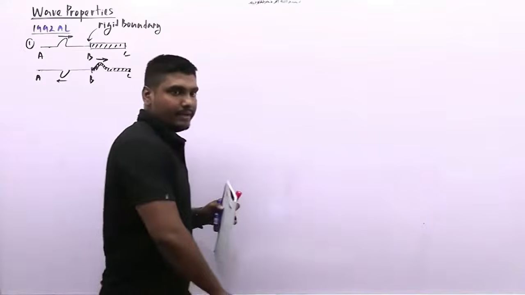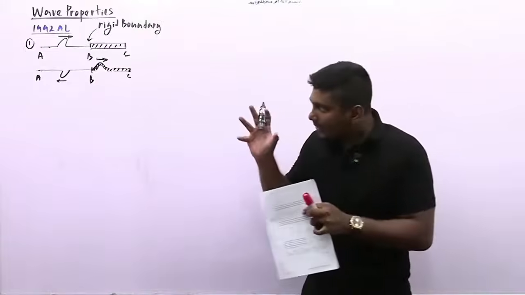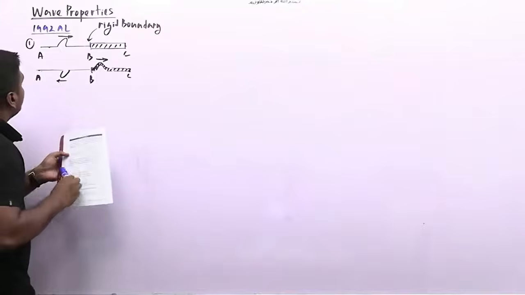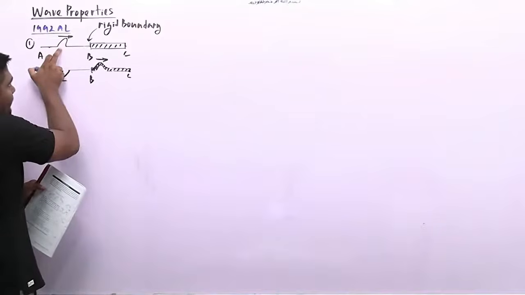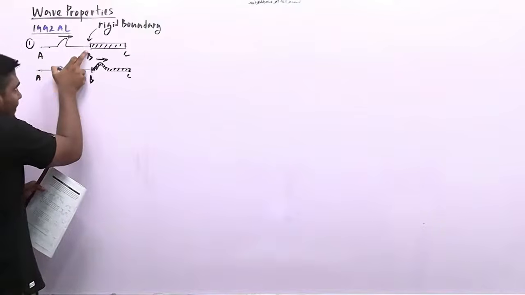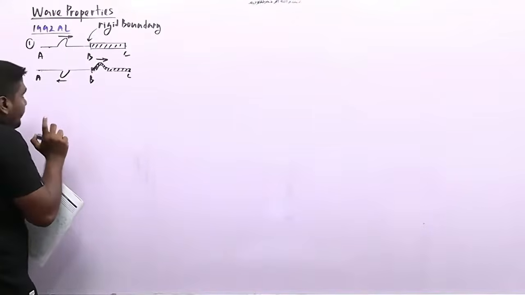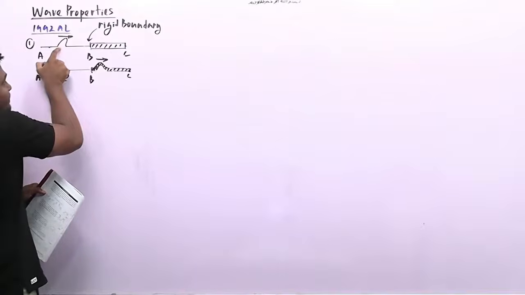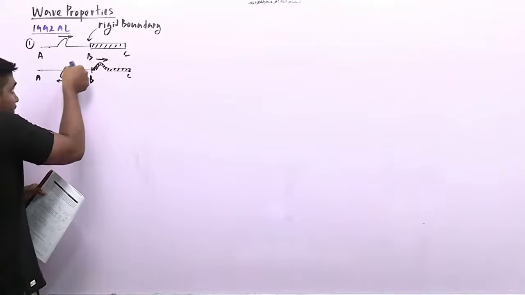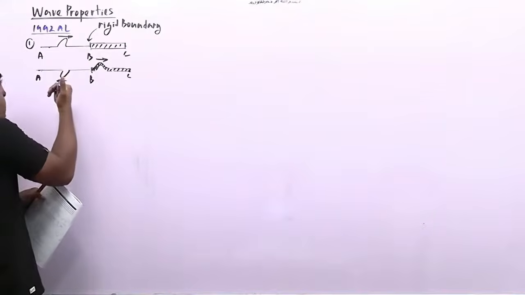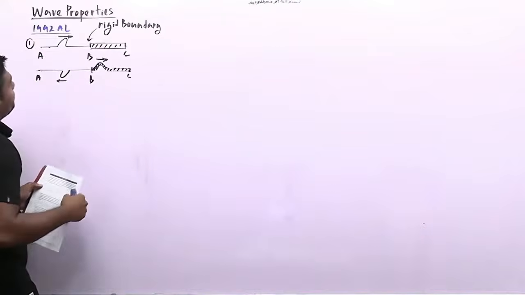There is a lot to learn from this. The first point, some additional theory: for the wave pulse propagating in the lighter string, point capital B is a rigid boundary. The rigid reflection occurs at point capital B. Therefore, this wave pulse will be reflected with a phase difference of 180 degrees, which we call inverted.